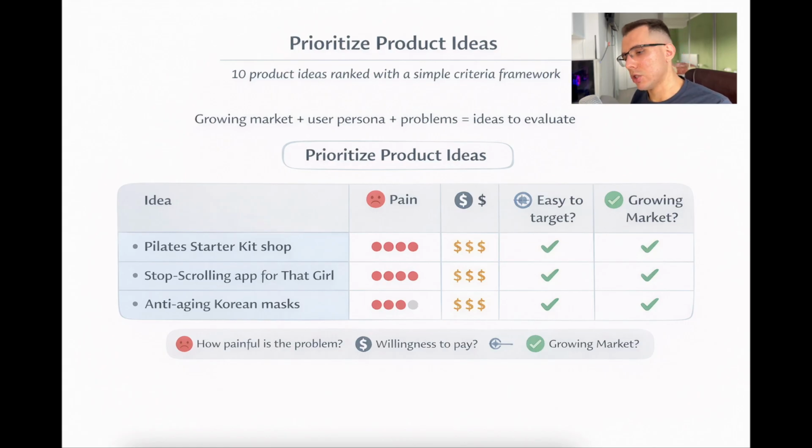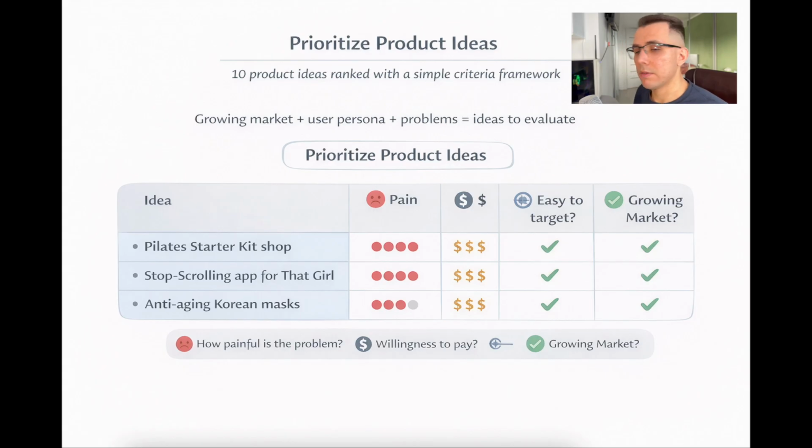Is the user actually interested in paying for this solution? Is it easy to target? So can we easily target the audience that we are interested in with our products? And is it a growing market? Of course, obviously we already thought about it, but it's important to remember that we are looking for a growing market.